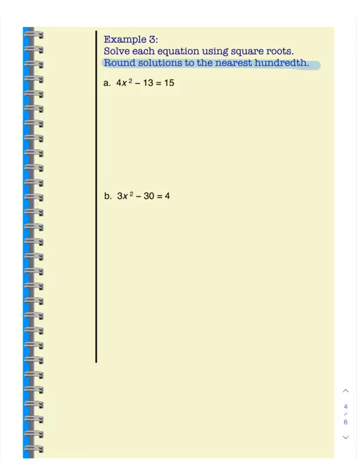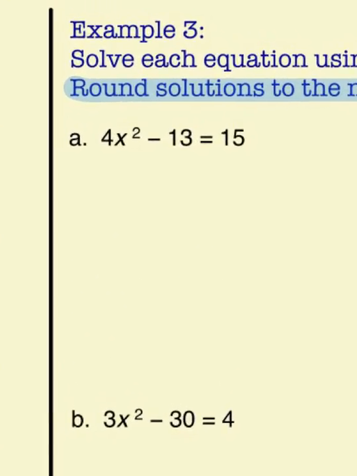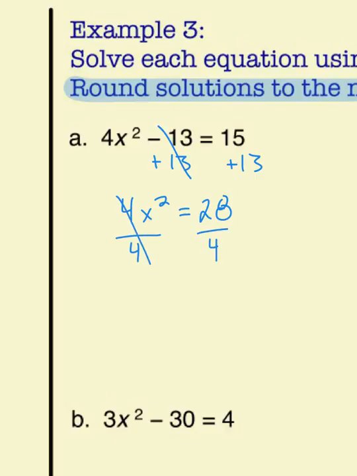So to get x by itself in part A, we're going to start by adding 13 to both sides. We're using PEMDAS backwards. Cancels out over here. I have 4x squared equals 15 plus 13 is 28. Now I need to undo the multiplication. To do that, I use the inverse operation of division. 4's cancel out.